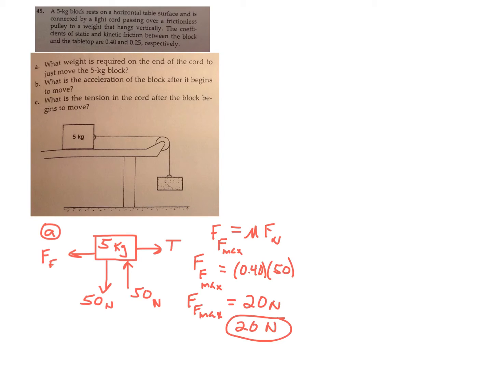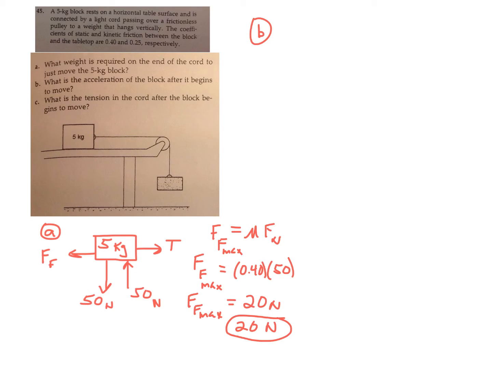Now in part B, what is the acceleration of the block once it starts to move? So if you put a 20 newton weight on there, things have to be reset in a sense. Things will accelerate. And here's the part that is a little confusing the first time through. Once this whole system starts to accelerate, the tension in the rope that connects the two changes from what it was.